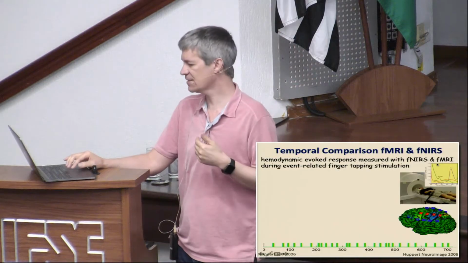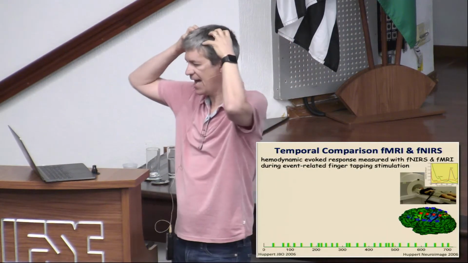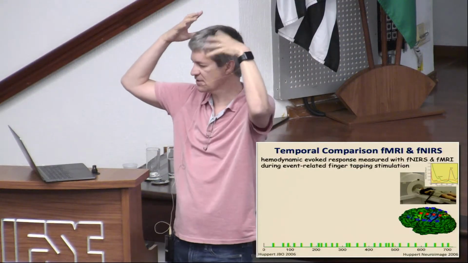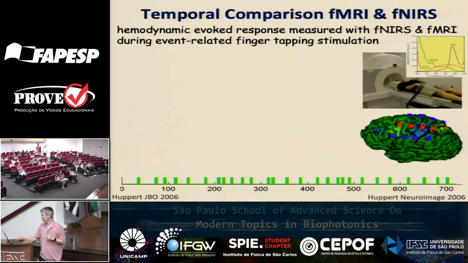FNIRS, I was telling you about it yesterday, we put near-infrared light into the head, it diffuses through the scalp and skull into the brain, interrogates the amount of hemoglobin, and by using different wavelengths of light, we can monitor the relative changes in oxy and deoxyhemoglobin. This is all done with glass and plastic fiber optics that don't interfere with the magnetic field, so it's very easy for us to do the FNIRS and the MRI at the same time.